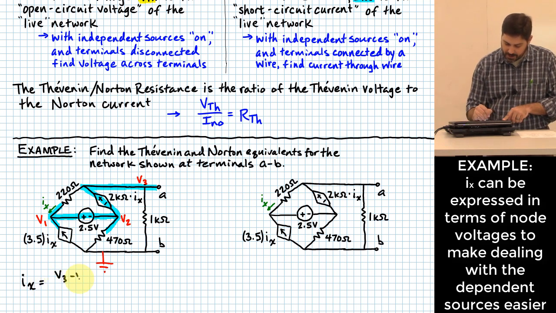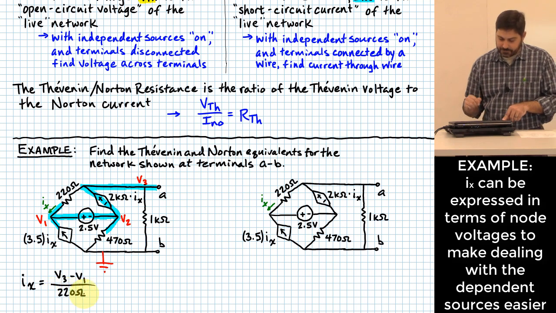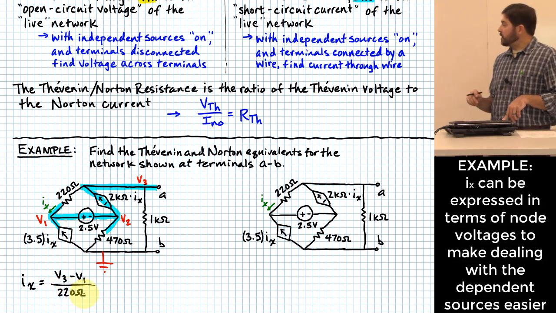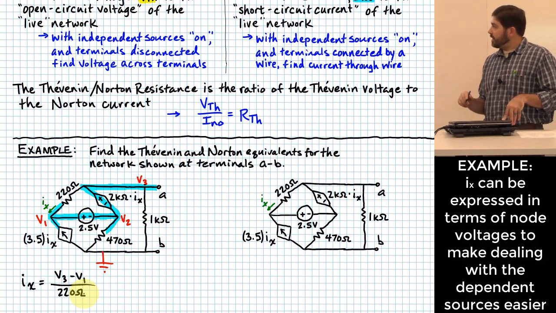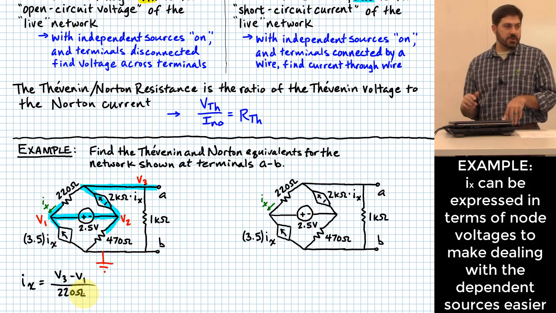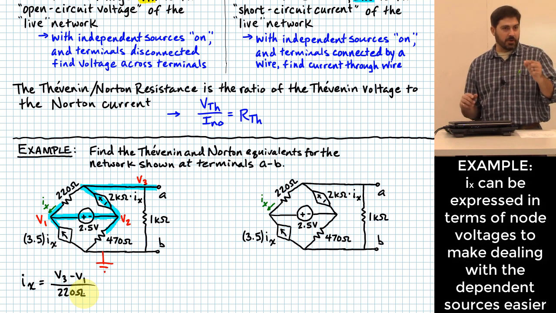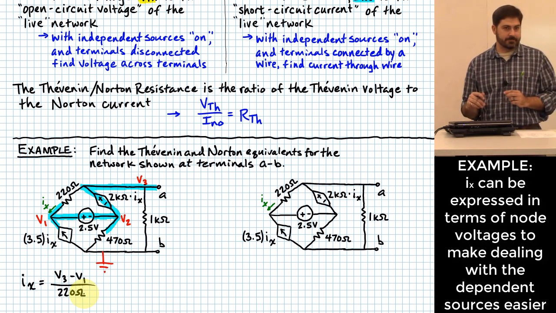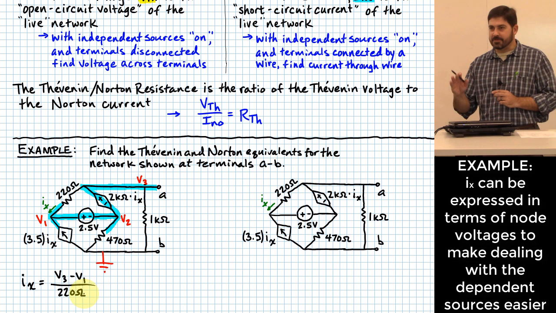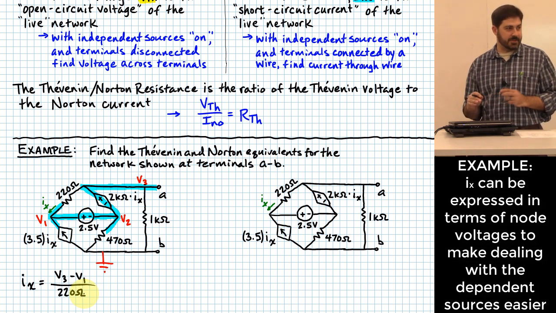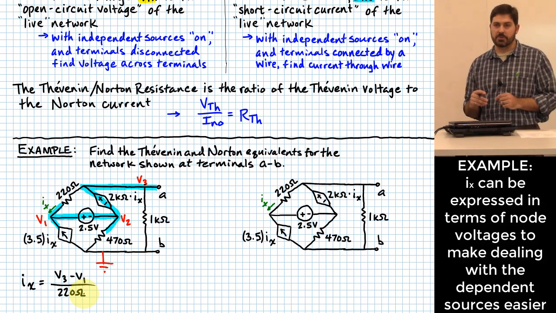V3 minus V1 over 220 ohms. I went ahead and did that relationship because that might be an easy substitution for me to make as I go through my actual nodal equation. So I preempted it and said I can find Ix; that's what it is in terms of my voltages.